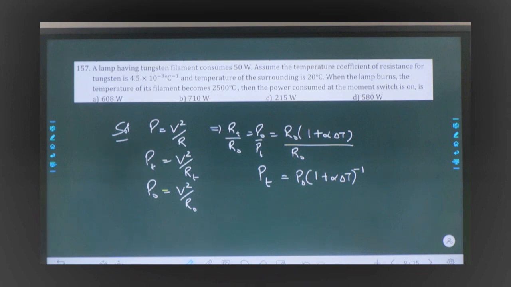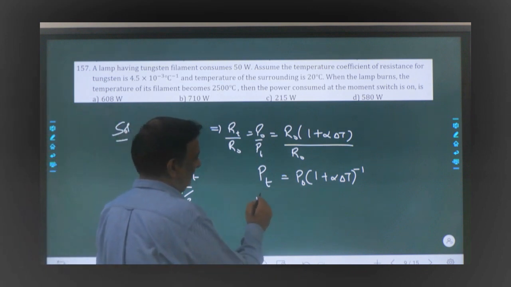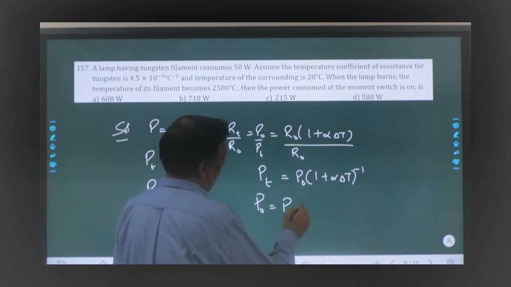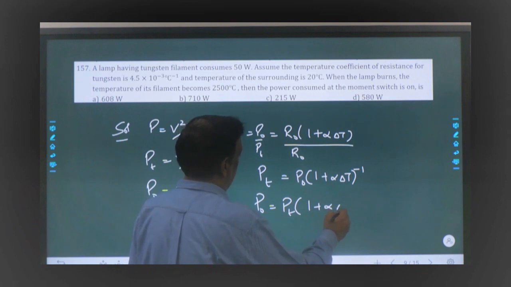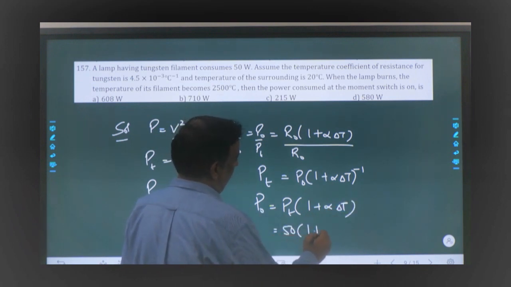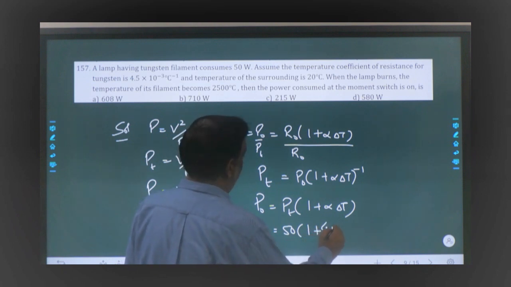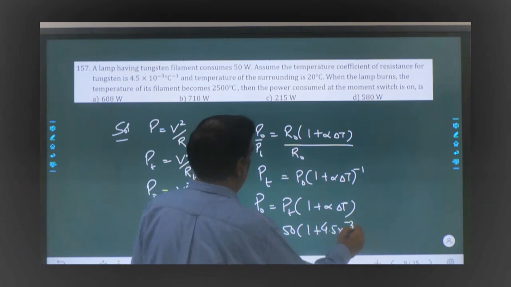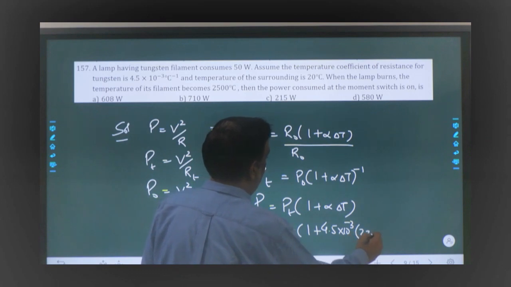At the moment when it is switched on, it is 50 watt, alpha is 2.5 into 10 to the power minus 3, delta T is 2300.